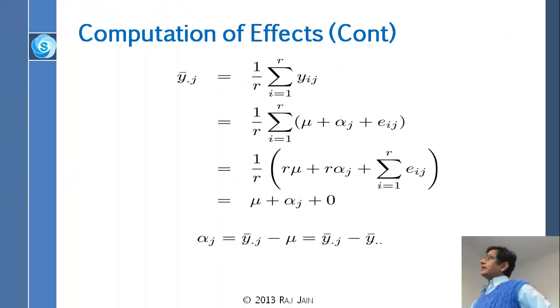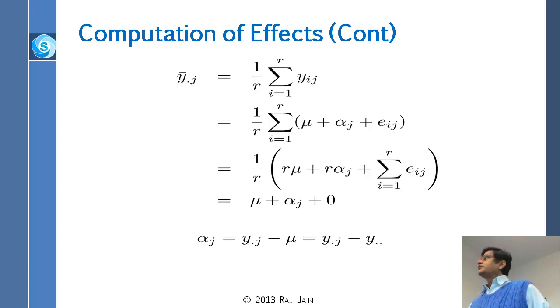So here is another example, y bar dot j. Here we are taking the level j, keeping it fixed, but adding all replications. i is the replication, and we are dividing by r. In the example I just gave you there were 5 replications, so you take those 5 values, add them up, divide by 5, and you get 10 means like this.